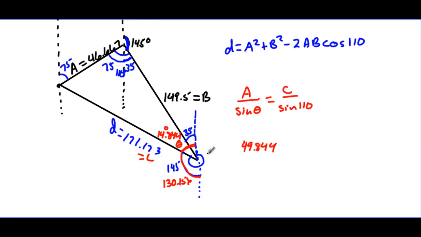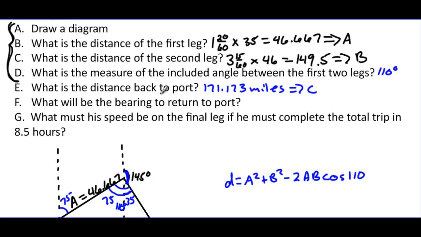But I also know that from here to here is 180 degrees. So there's the angle. This plus the 180 should be the bearing. So we add 180 degrees, and the bearing from north going clockwise is 310.156 degrees.